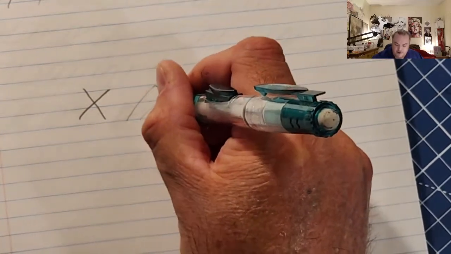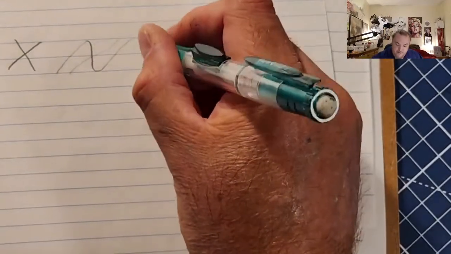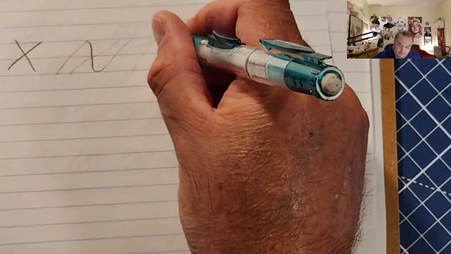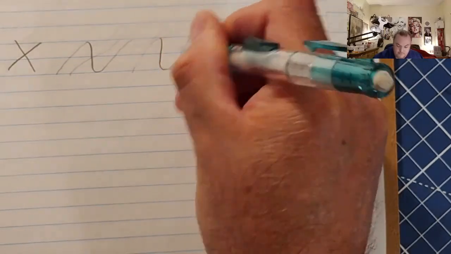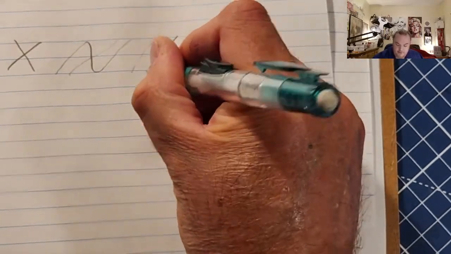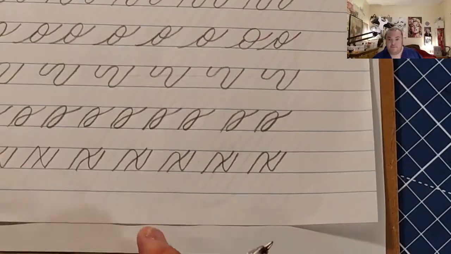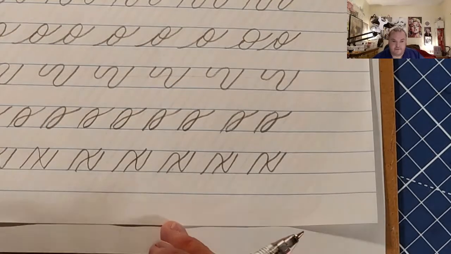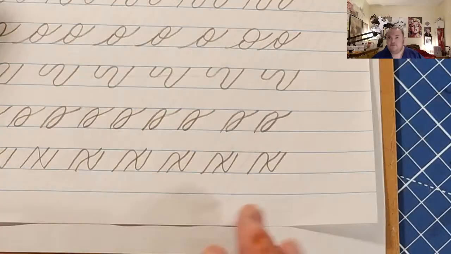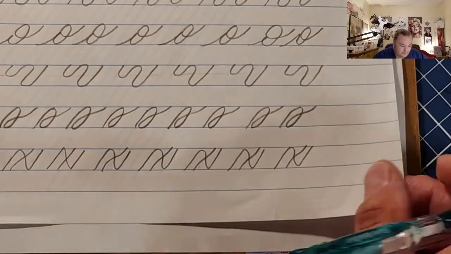So when you cross it, it'll be a light mark instead of having a dark mark on top of a dark mark. That doesn't look good either. We'll get into pressure another day, okay?